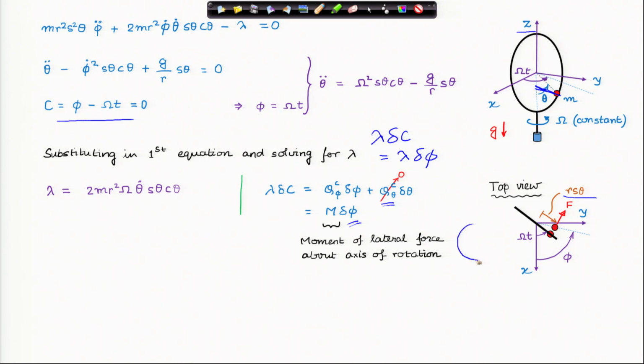It is like this, that this is our hoop, this is our bead, this is our angle theta. Therefore, this distance must be r sin theta.